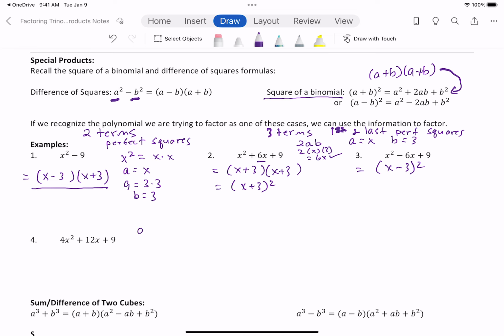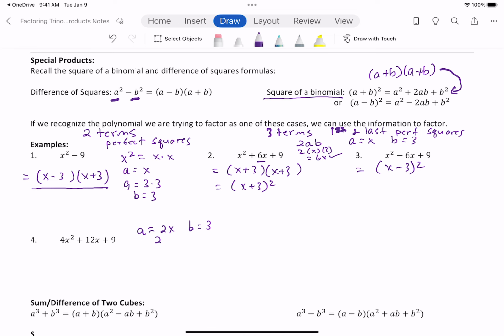So if I want a, it's what I would multiply times itself to get 4x squared. So that's going to be 2x, because 2x times 2x is 4x squared. The b is going to be 3 again, because 3 times 3 is 9.